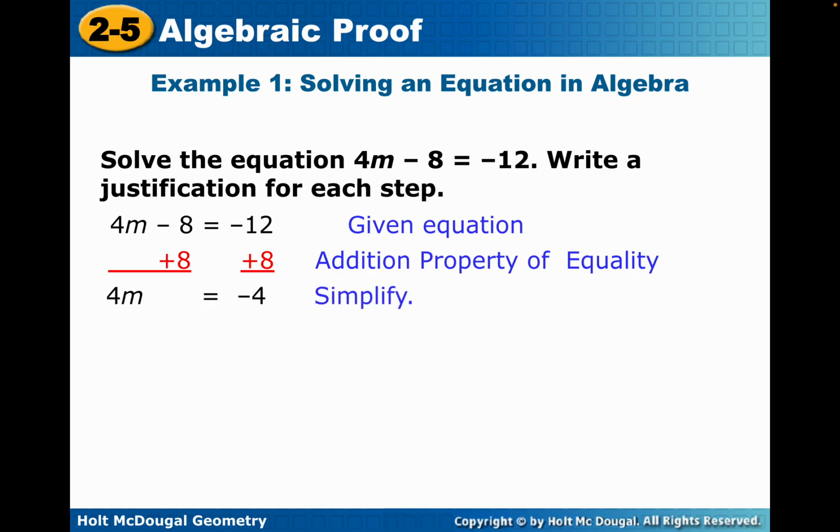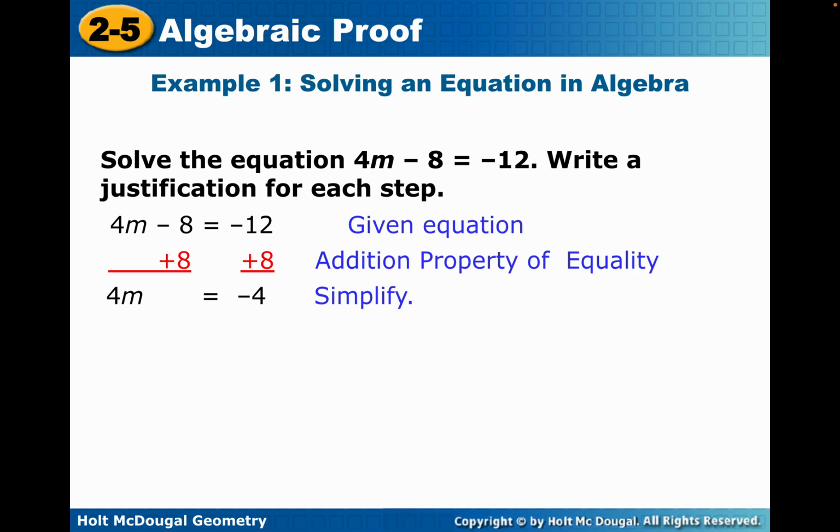The next one says simplify. If you said this was step 2 with addition property and then put simplify as step 3, that's fine. But I think it might be easier to write it out like this, so you don't have to put the simplify and it gets complicated. Now, what do we do for our next step? Divide by what? So what does that give us?